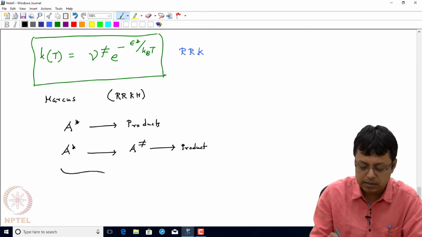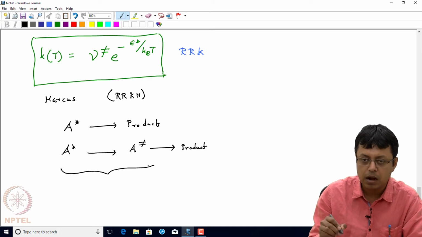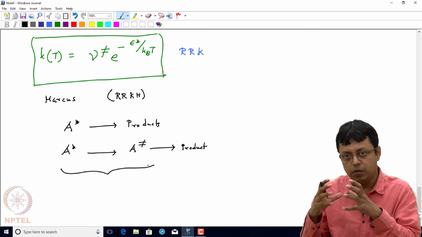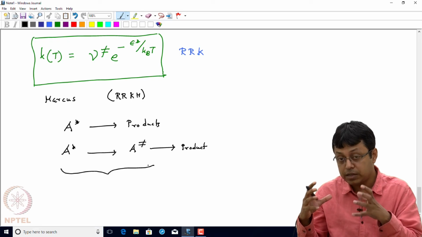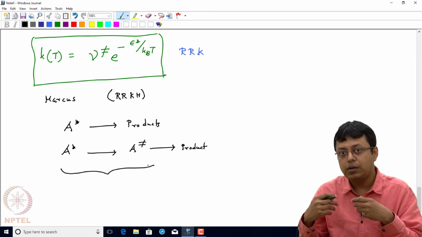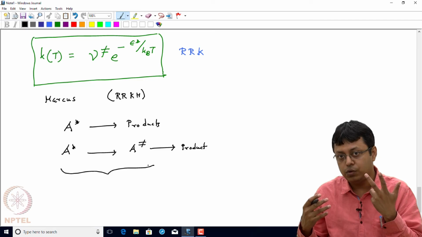So in going from RRK to RRKM, Marcus assumed that for any unimolecular process, first you have a bimolecular collision and you produce E star. Now all the E stars will not give you a reaction. There are actually two criteria.